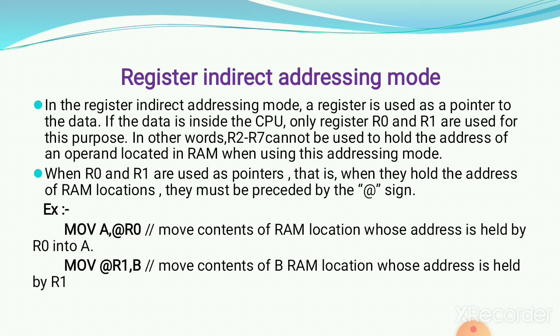The register points to the memory location from which the required data can be read or written. Using this addressing mode, one can access data from internal and external data memories.